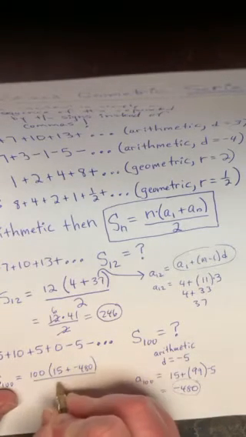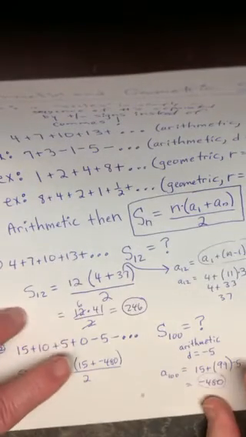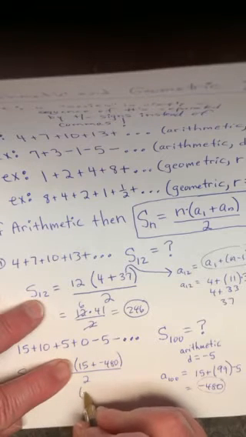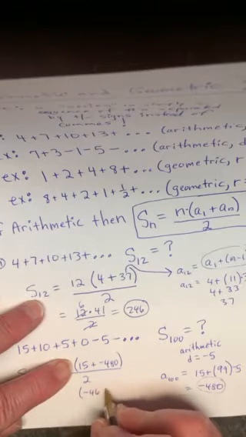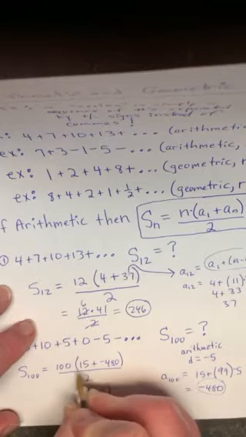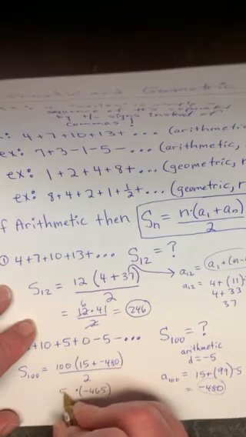All over, remember, 2. All right, let's do what's in parentheses first. -480 plus 15 would be what? What is that, 465? Now, obviously, if that's a 2 and that's 100, I'm going to cross out the 2 and change the 100 to a 50.